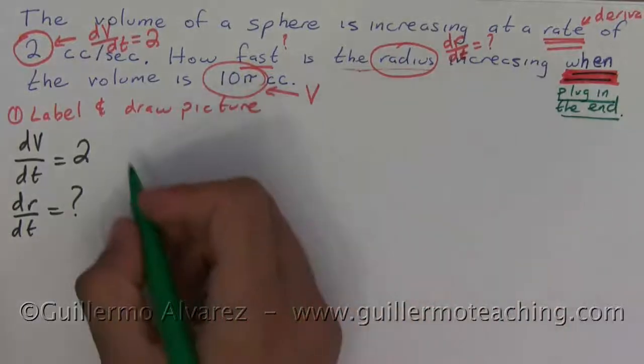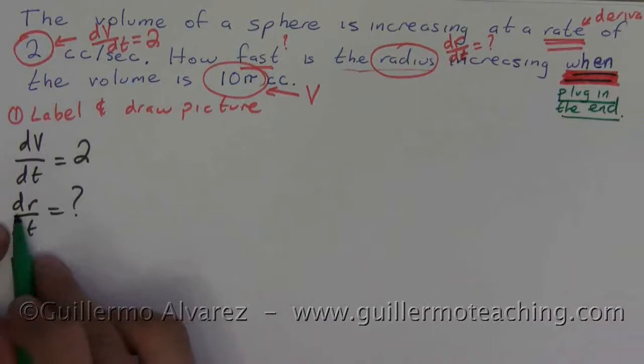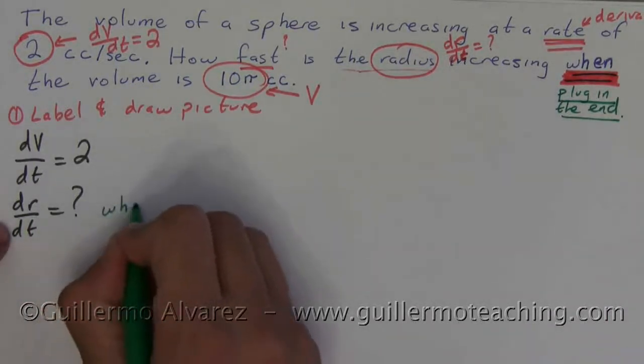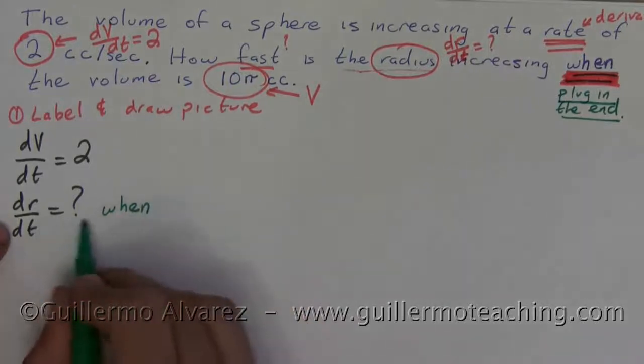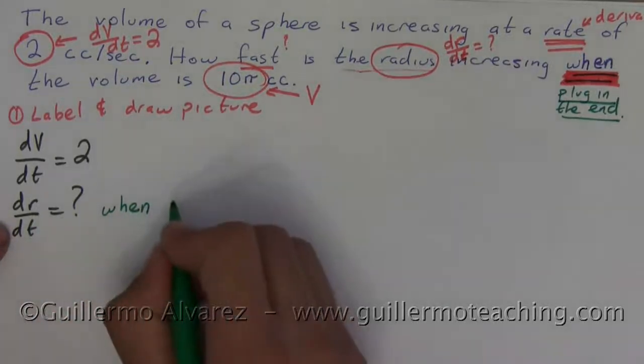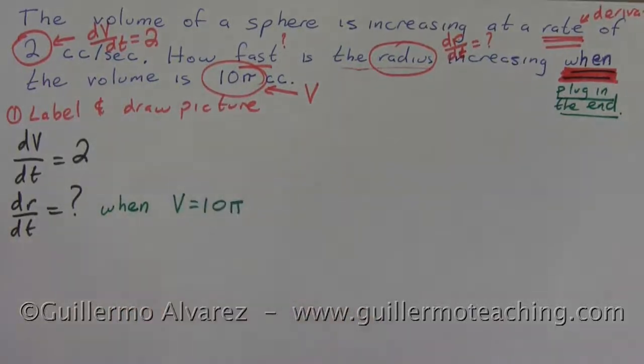So I'm going to write this down. When I write down that I'm looking for the derivative of the radius with respect to time, I'm going to put down right here when I want to know this. I want to know the derivative of the radius with respect to time, when the volume is equal to 10 pi.